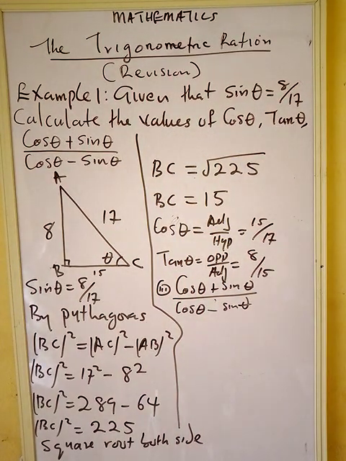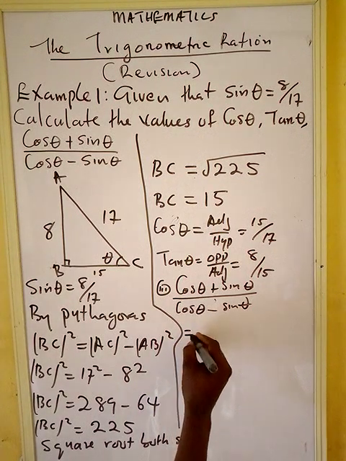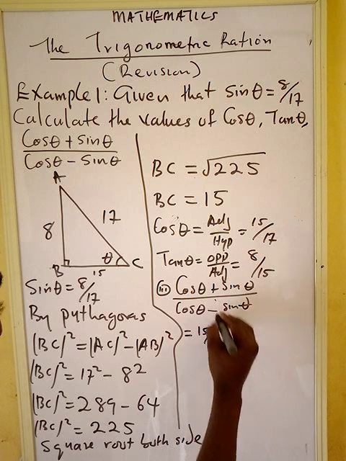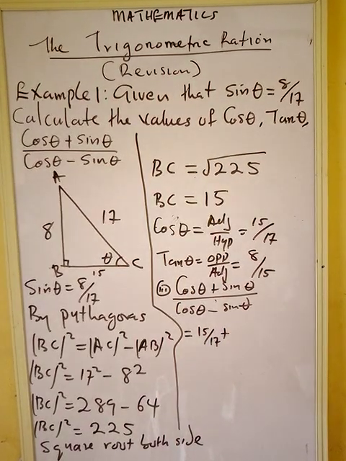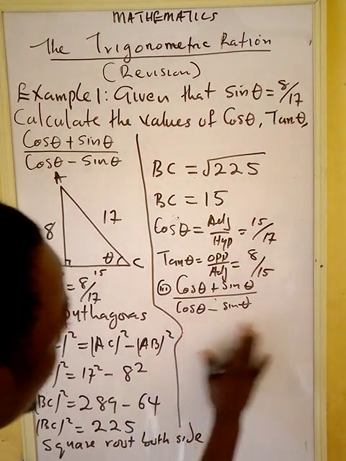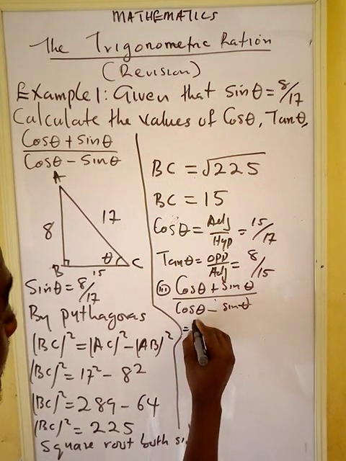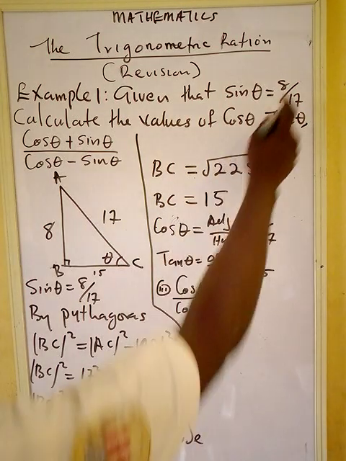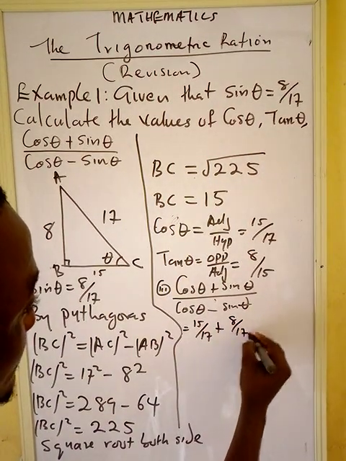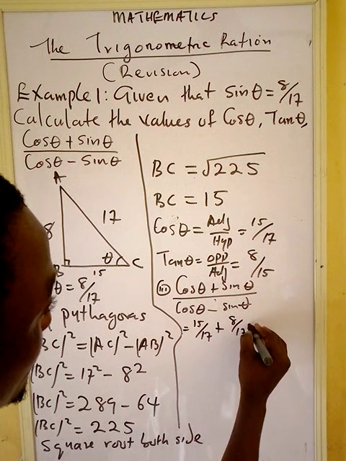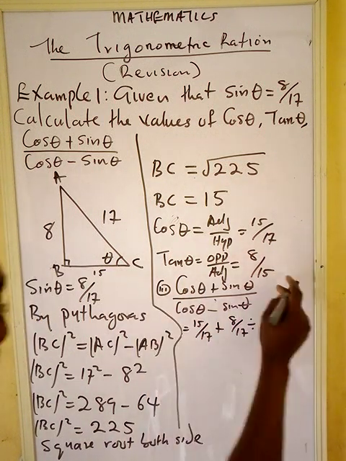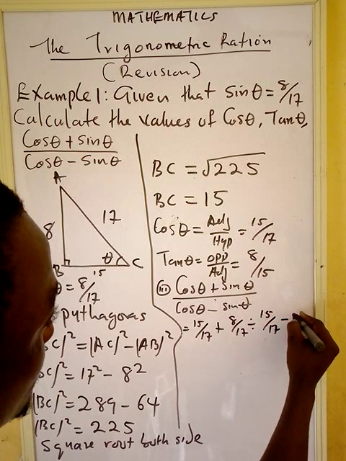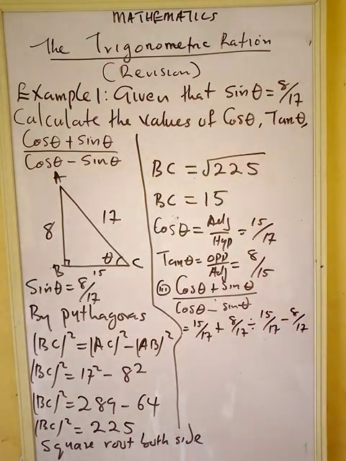Our cos theta here is 15 over 17, plus our sin theta, which is 8 over 17, divided by cos theta again, 15 over 17, minus 8 over 17.